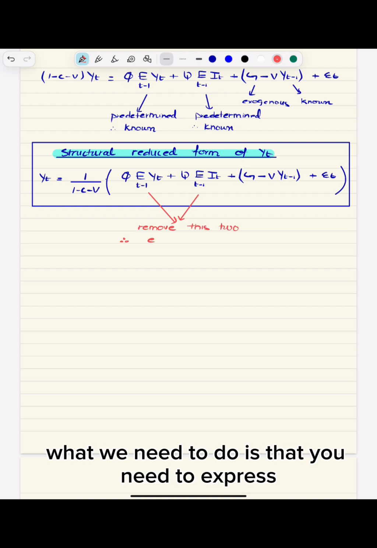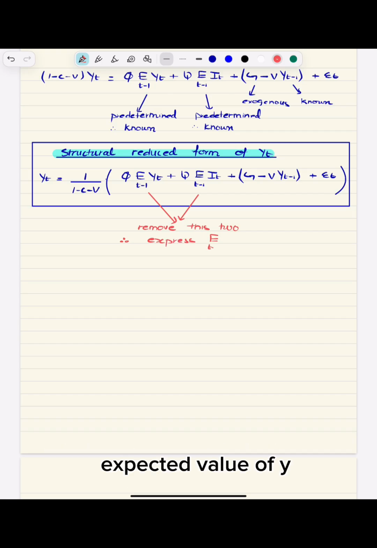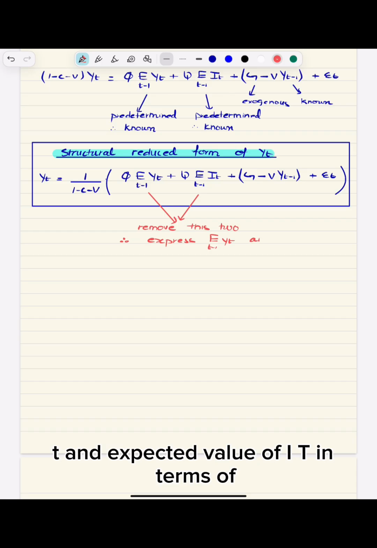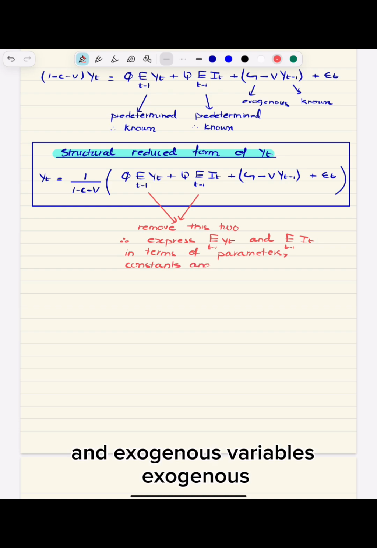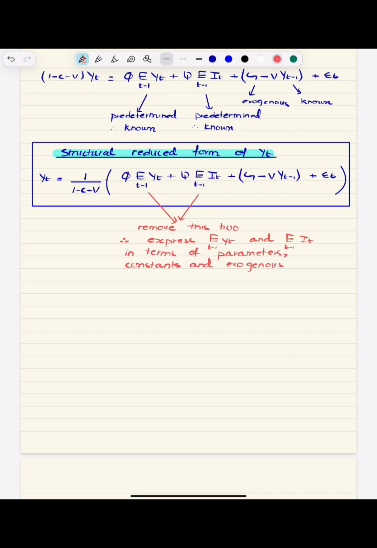Therefore, what we need to do is express the expected value of Yt and the expected value of It in terms of parameters, constants, and exogenous variables.